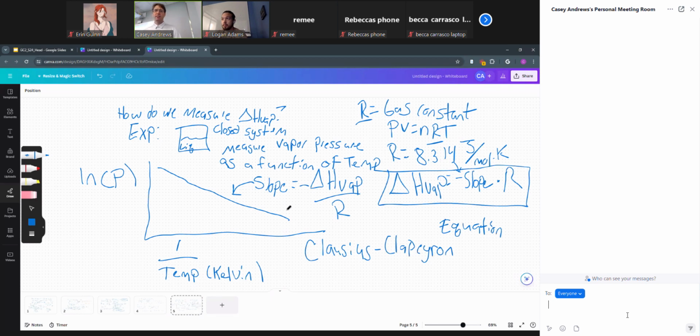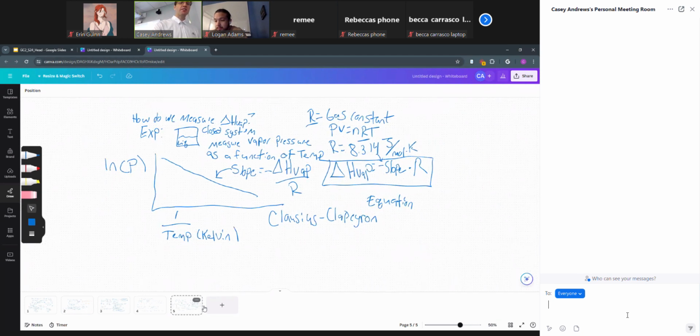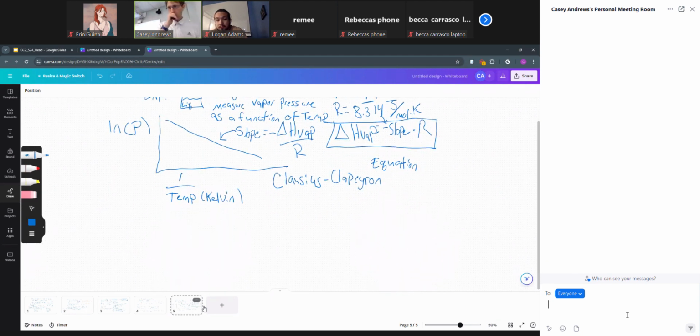And since this is fair game for something I might ask you, here's how you might see it. So this would be an example question that you could totally see. I give you a plot that is the natural log of pressure over 1 over temp. And I would have real numbers here.